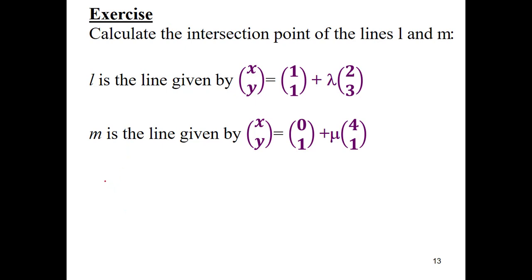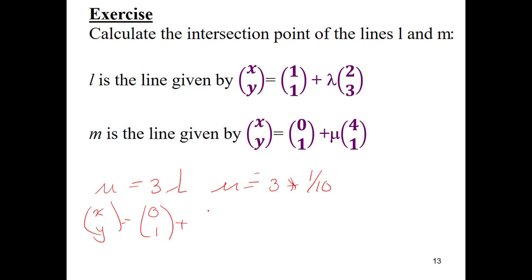So if we remember from the previous slide, mu was 3 times lambda. So mu would in this case be 3 times 1/10. If we use the mu in line M, hopefully we get the same intersection point. So (x, y), the intersection point, would be (0, 1) plus 3/10 times (4, 1).